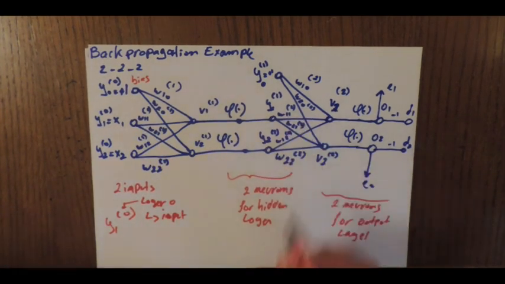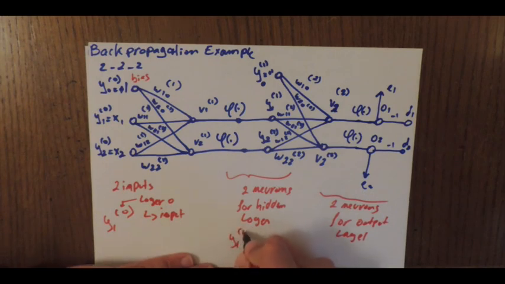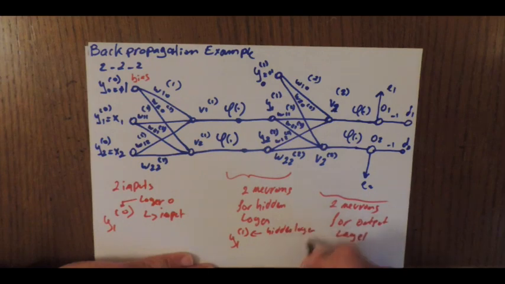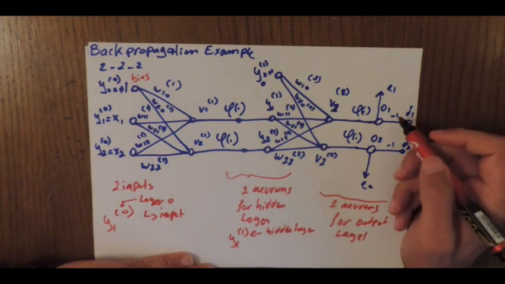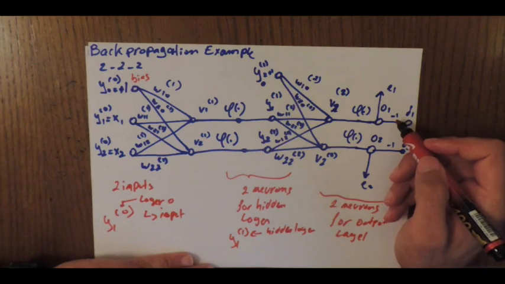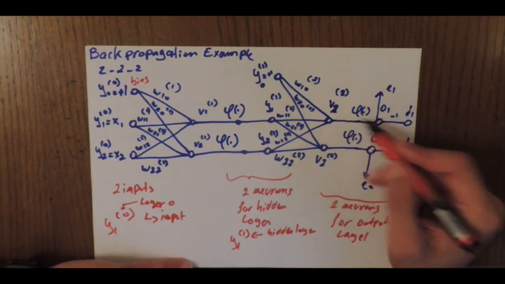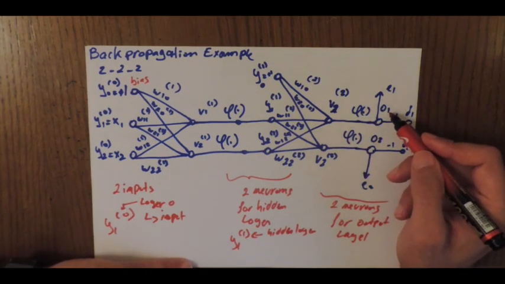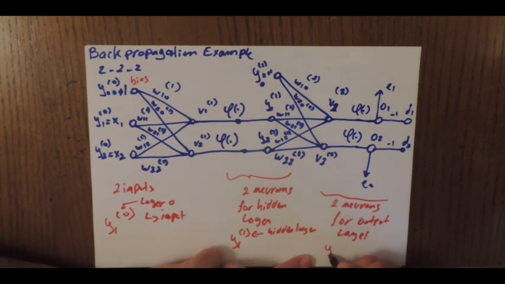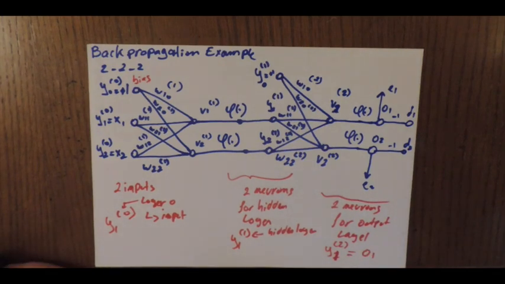In this case, we have y1 of 1. This means this is the hidden layer, first input, and the last layer, which is layer 2. Instead of having y will be y2. y1 of 2 will be equal to output 1. Okay, so this is the output layer.